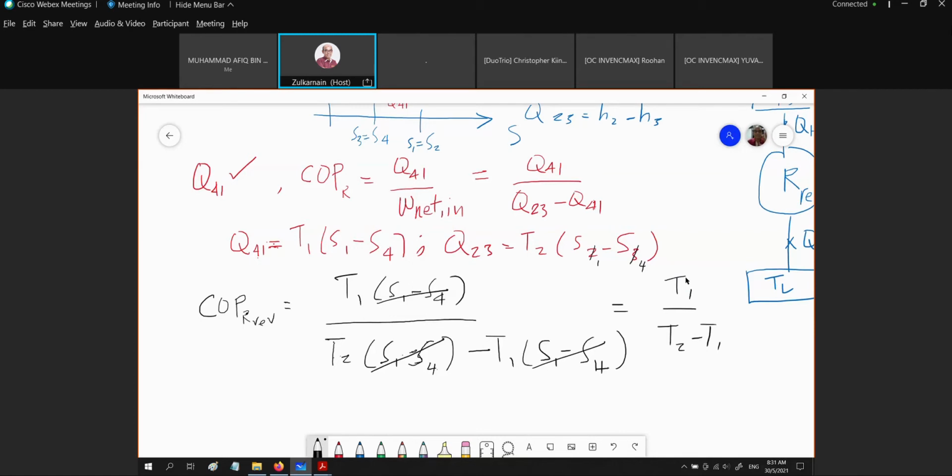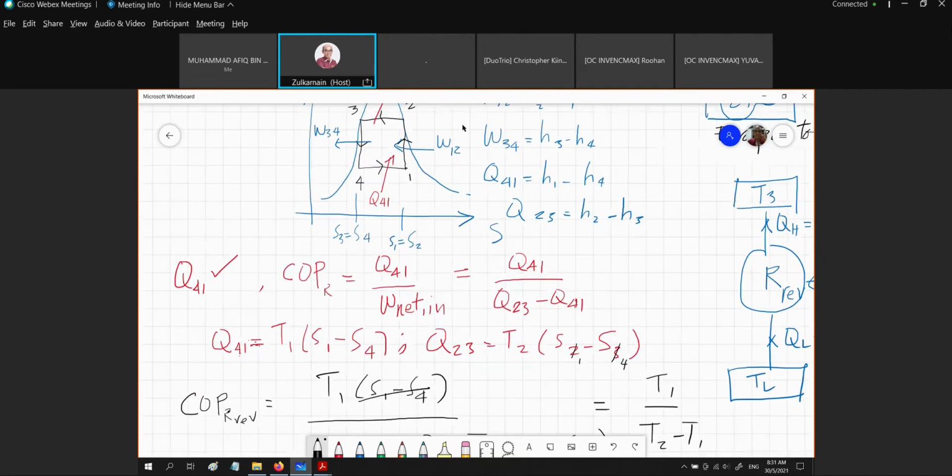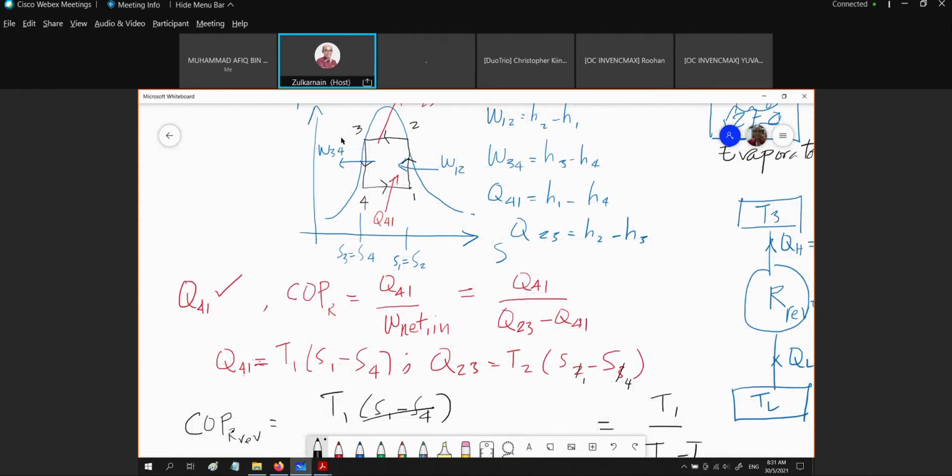It's a function of the temperatures T1 and T2. What is T1? T1 is the T-sat at the evaporator. And what is T2? T2 is the T-sat at the condenser pressure.